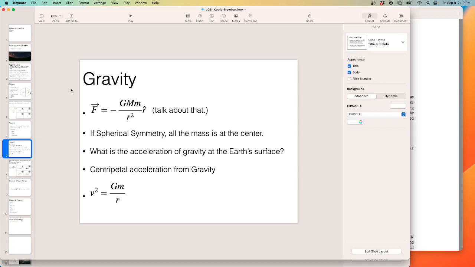So the force between 2 objects is some proportionality constant we call G, which is just our ignorance of units. So the universe cares about units. It doesn't care about meters, but it cares about how things are related. So G is just units. M is the mass of one object, little m is the mass of the other object. It doesn't matter, it could be bigger.